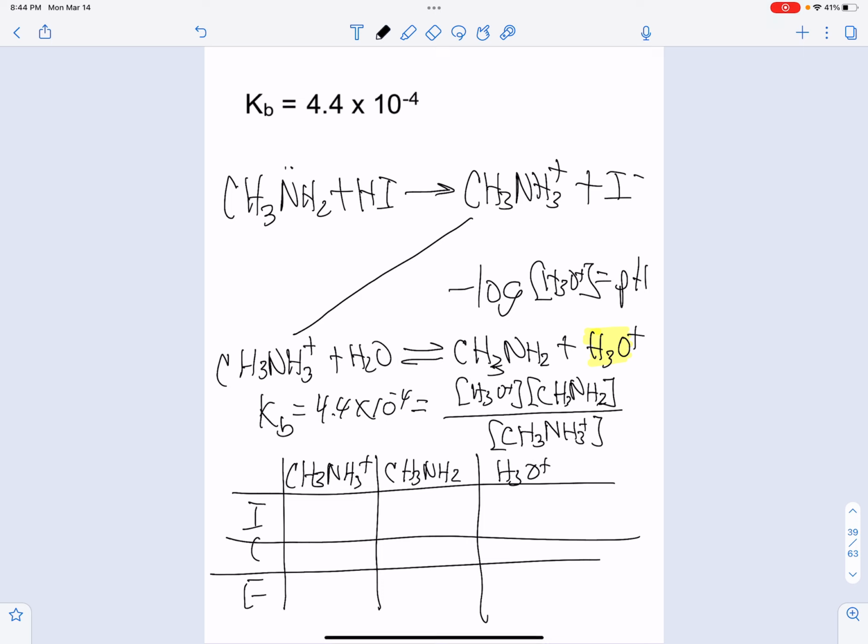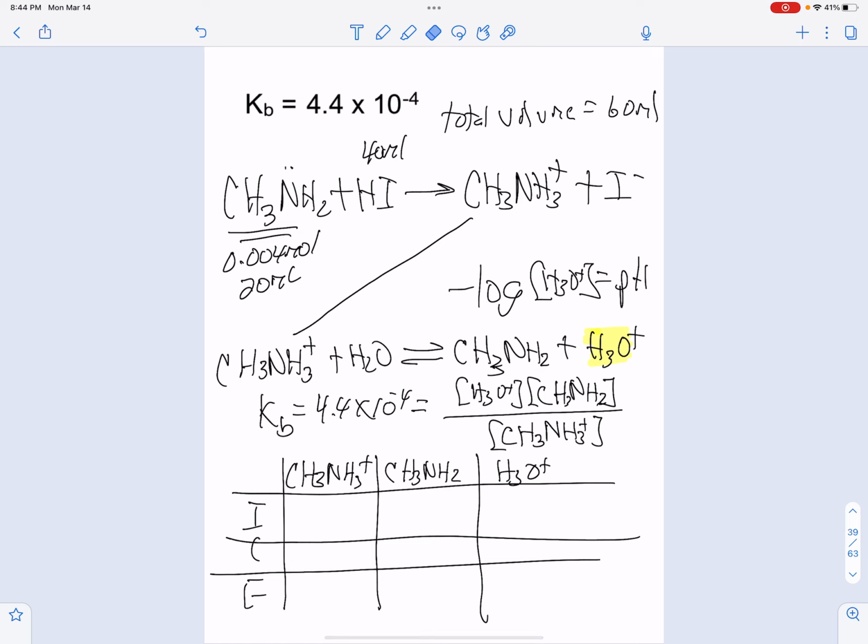The initial concentration of this, we know that we started with 0.00 moles of this, right? And at the equivalence point, we added 40 milliliters of this, so we have a total volume of 60 milliliters. So you gotta keep track of that, that's super important. So this is gonna be nothing more than 0.004 moles, because it's 1-to-1, over 0.060 liters. There's nothing of this at the beginning.